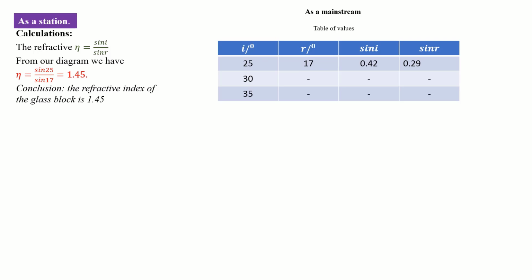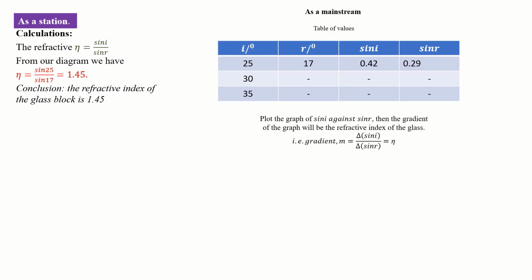So this is just the sample of the 25 degrees. You do the same for 30 degrees, 35 degrees. You repeat the experiment and you vary the angles, and you are going to have different outcomes. Okay, so that is how you treat it as a mainstream.